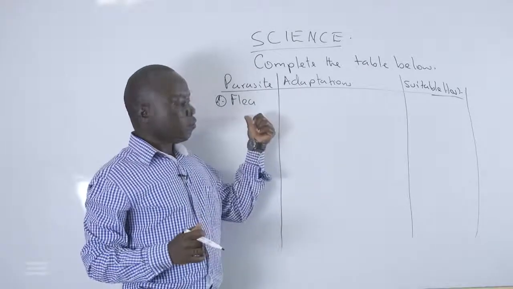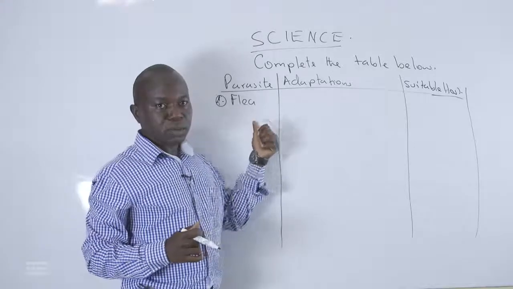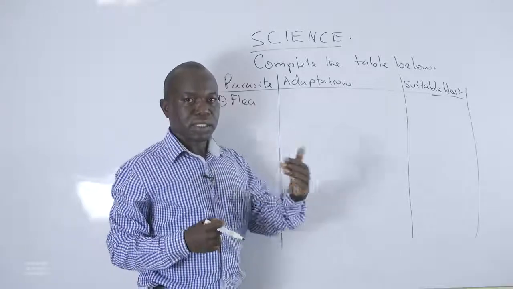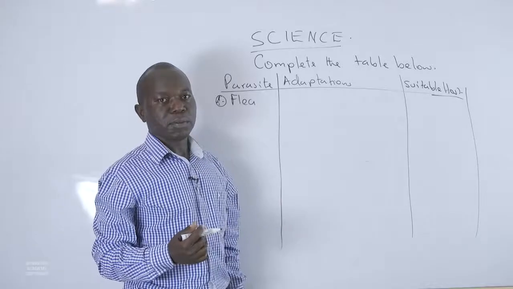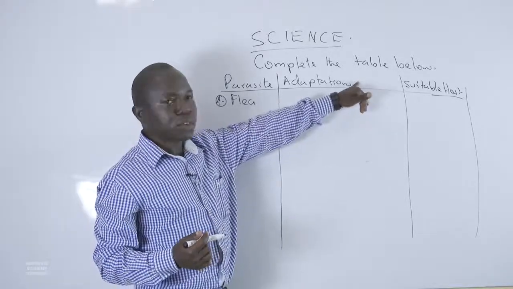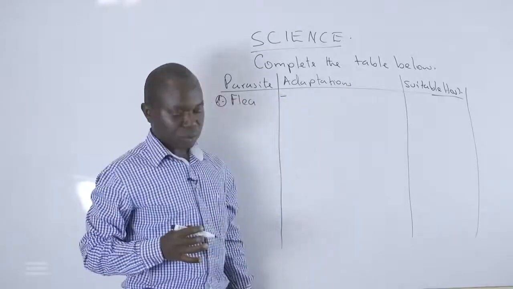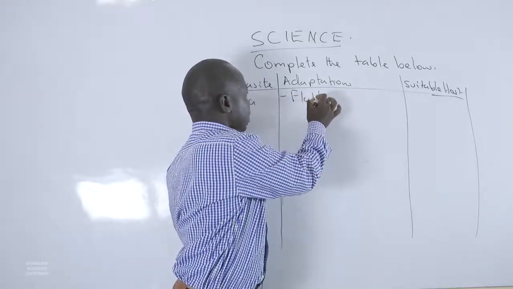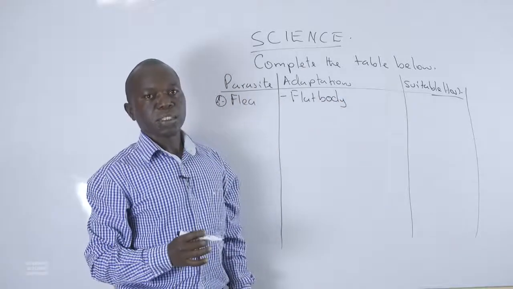Now, here we are going to include some photos, but for now we shall discuss, then you'll also look at the photos of the flea and the rest of the parasites, so that you can easily connect with the adaptations. So one of the adaptations of the flea is that it has a small and flat body.